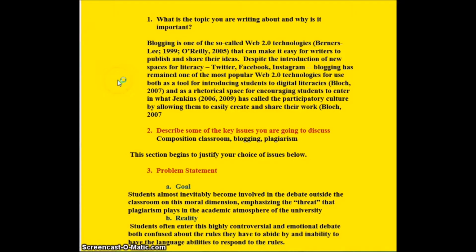If you remember from the outline, I'm going to talk about composition teaching, so I may need to discuss composition teaching. I've already talked a little bit about blogging, but the one issue that I haven't discussed yet is plagiarism, because that's one of the main focuses of the paper. So I better get something in about the connection between the composition classroom, blogging, and plagiarism. What is the connection between those issues? Because that is going to be the main focus of the problem of the paper.